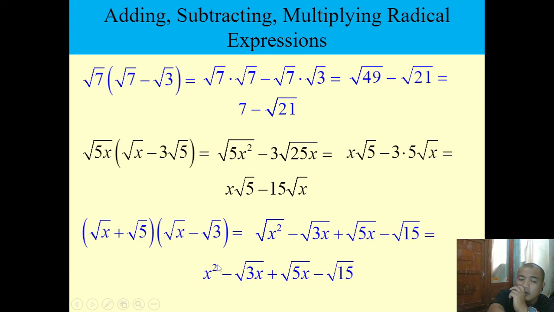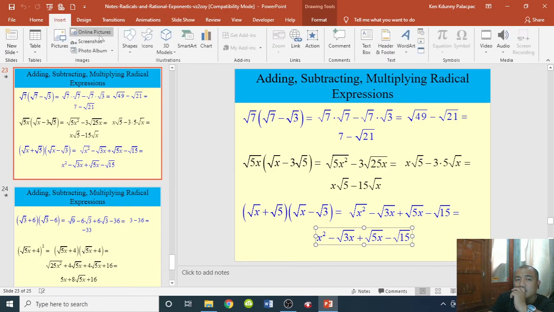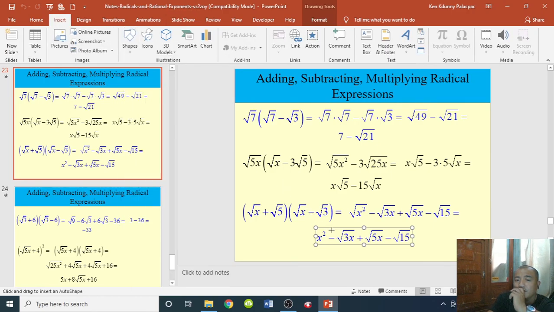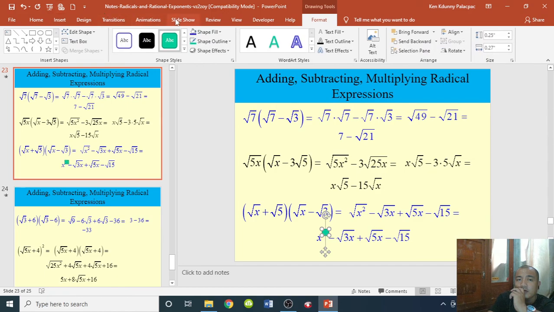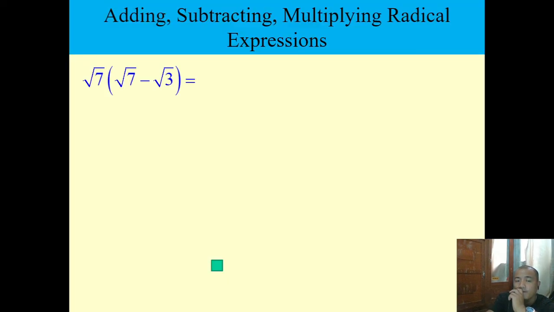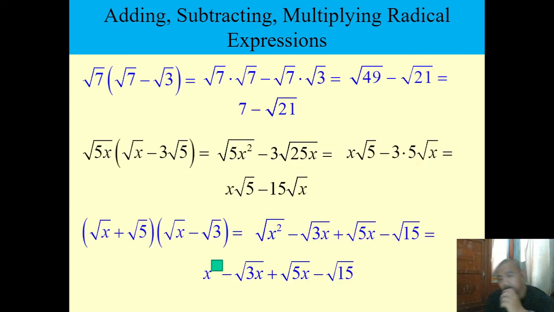So let's just insert a shape. Okay, let's continue. So the answer should be x minus square root of 3x plus square root of 5x minus square root of 15.